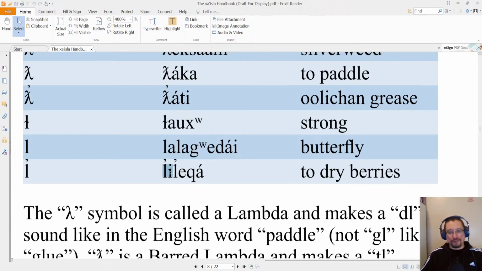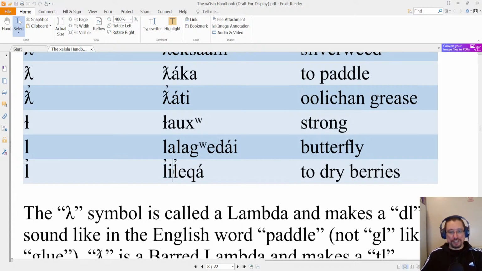So we're going to start off by saying li, li. So if you listen closely, you can hear that I cut the sound off very, very abruptly. Li. So what I'm doing is I'm closing my glottis. The glottis is the opening between my vocal cords. So I'm saying li, la ka. Li, la ka.